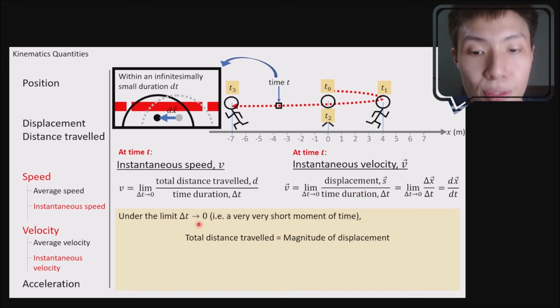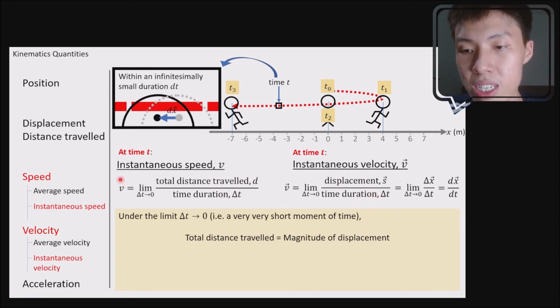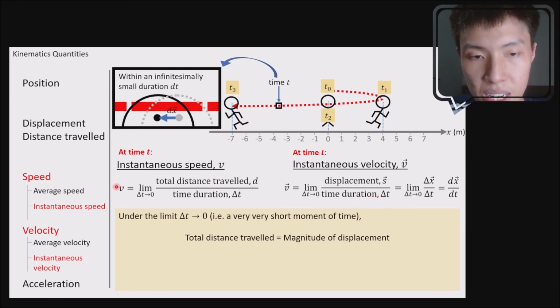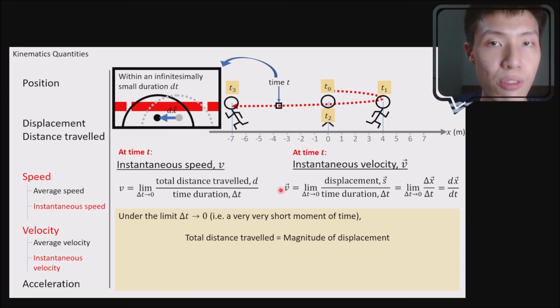Okay, so if we know that the magnitude of displacement is equal to the total distance traveled, we will know that if we substitute the same value for magnitude up here, the same value for duration down here, what will happen is you get the same answer for instantaneous speed and instantaneous velocity.